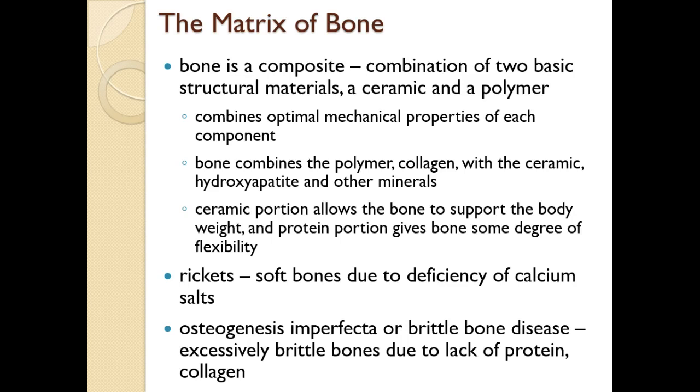And then you have osteogenesis imperfecta, which is also called brittle bone disease, and this one involves a lack of protein. If you don't have enough protein in your bone, that can cause the bones to become too brittle and easily broken.